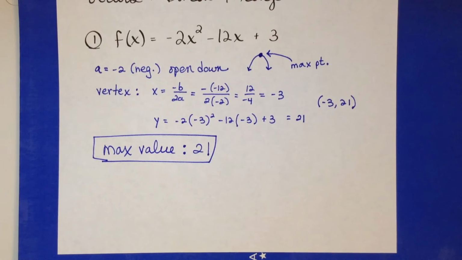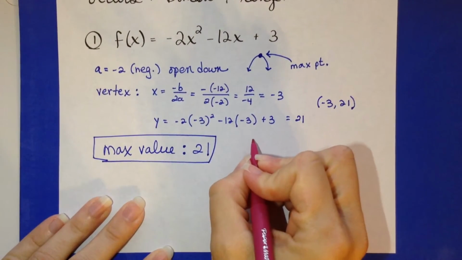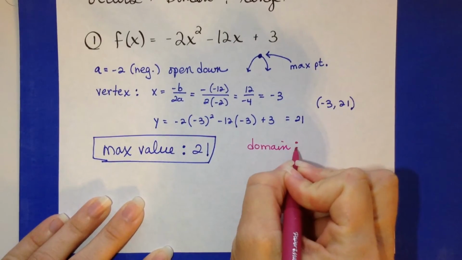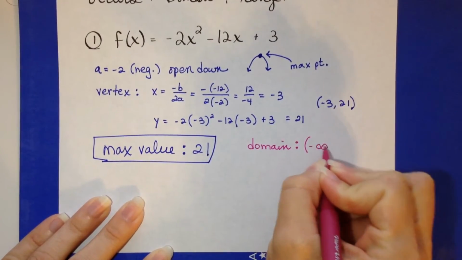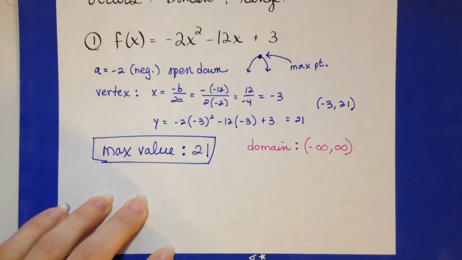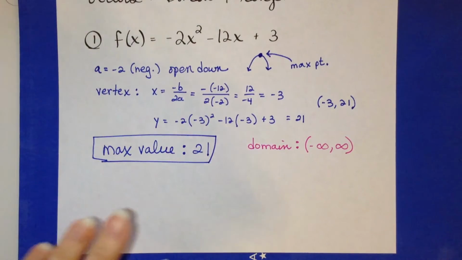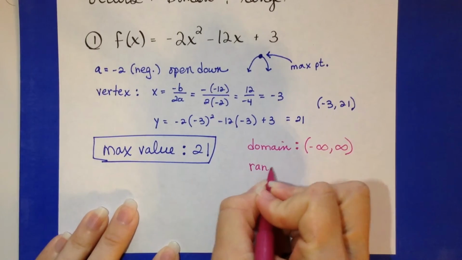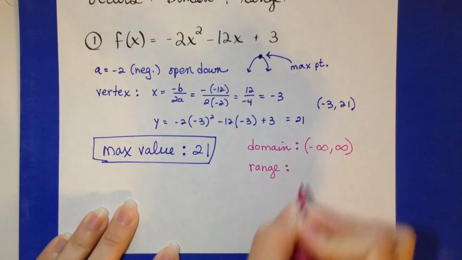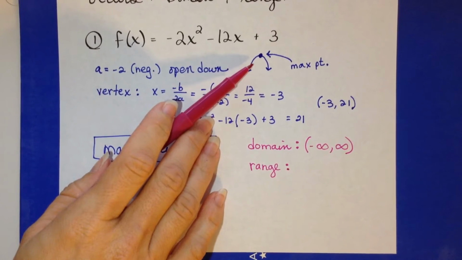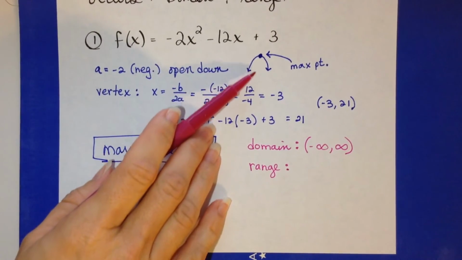Now, we're also asked to identify domain and range. Of course, a while ago, I mentioned about domain. On all those other problems that we've worked so far, our domain has been negative infinity to positive infinity, and I told you it would be all the time because these are all polynomials. Now, range, we'll have to do a little thinking here. Now go back up to my graph. I already know that this turns down, which means it goes down forever.